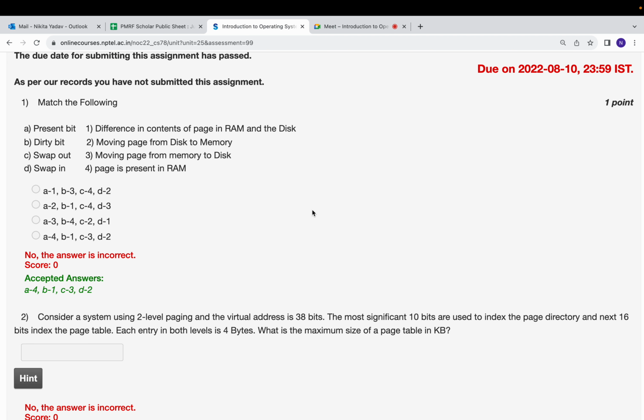You have to tell the size of the page table in kilobytes.